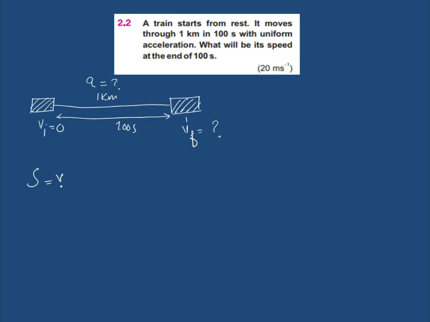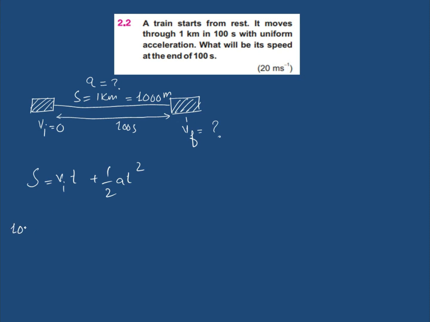S is equal to vi t plus half a t square. Now putting all the values in this equation in SI units. Here the distance is given in kilometers, converted into the SI unit, that is meters. So 1 kilometer multiplied by 1000 will convert it to 1000 meters.